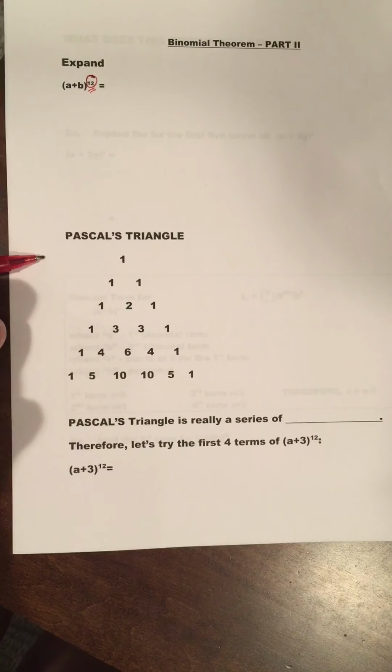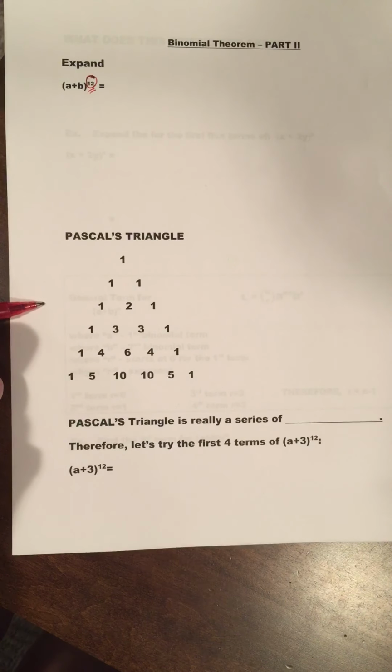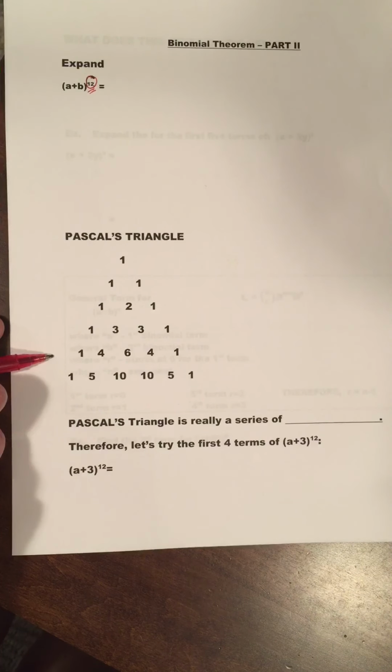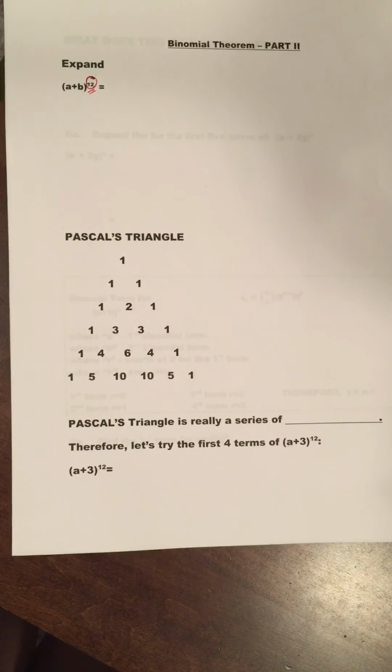Remember, row 0 or exponent of 0, row 1, exponent of 1, row 2, exponent of 2, row 3, exponent of 3, row 4, exponent of 4, row 5, exponent of 5. And I could draw it a little bit further, but when you start getting into 12, you don't have time to be drawing Pascal's triangle.